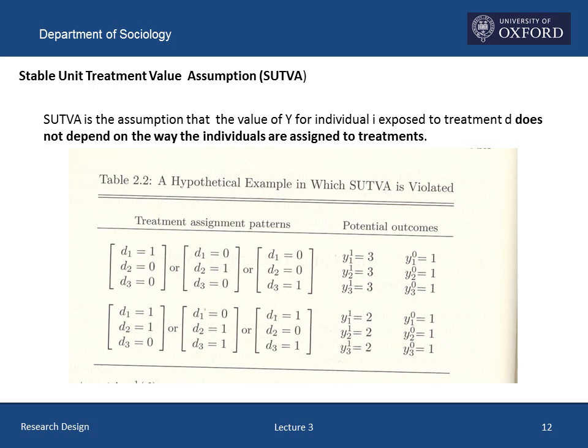Now consider a violation of the SUTVA assumption which is not so much consequential for internal validity as for external validity. Say hypothetically we run an RCT on the benefits of a job training program in a particular labour market. Only a very small portion of the working age population are involved, and the results suggest that those who enrolled in the program get significantly higher wages than those that didn't.